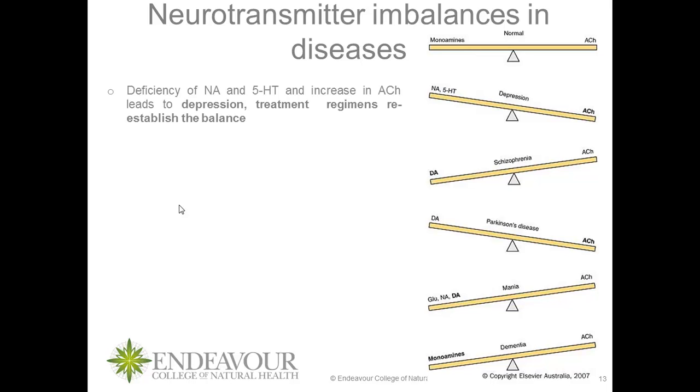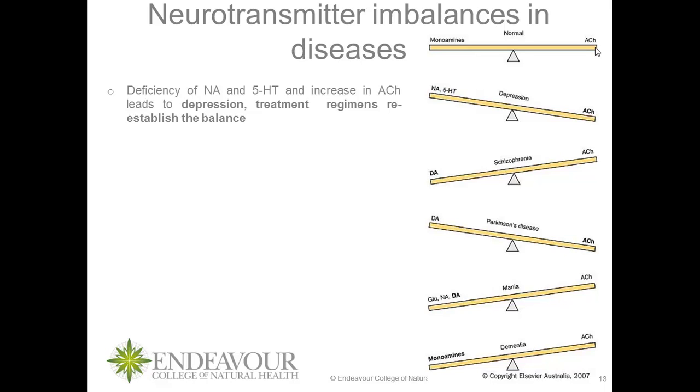In the Western pharmaceutical study of drugs acting in the CNS, one major philosophy or concept is this idea of the disease being a neurotransmitter imbalance. Normally, there would be a balance between the monoamines in the CNS and acetylcholine.